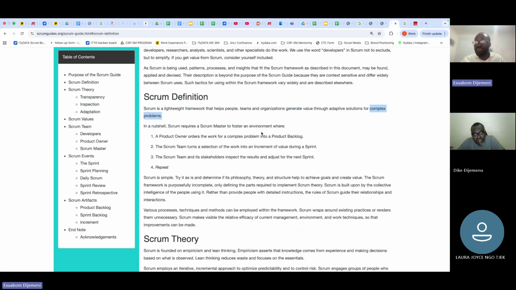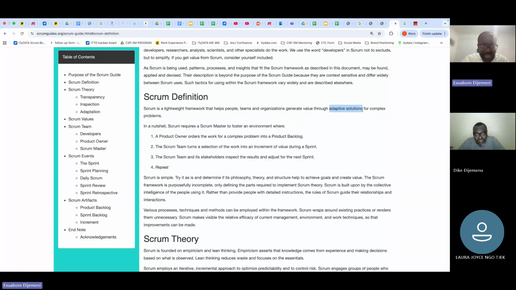Let's go back to our definition. Scrum is a lightweight framework that helps people, teams, and organizations. If your problem is not about helping people, teams, or organizations generate value, then Scrum is not for you. So Scrum is a very value-driven framework. Now, I probably will say a bit of the heart of Scrum is, does your complex problem require an adaptive solution?